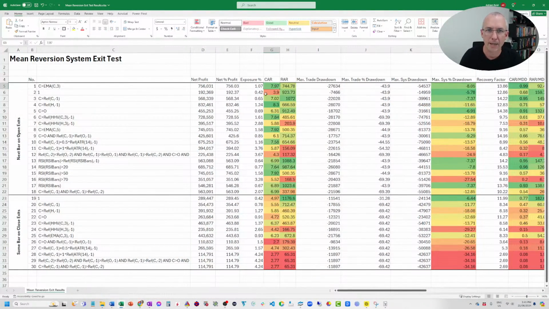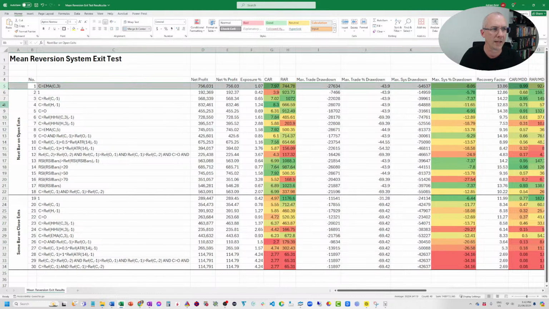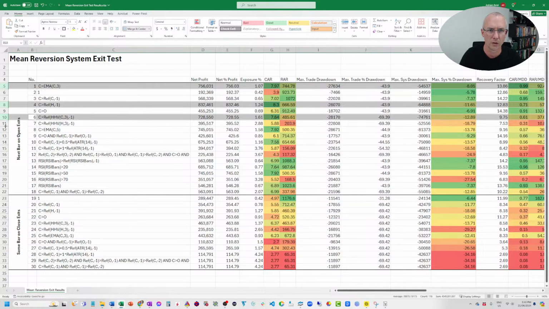You can see the default exit has a pretty high compound return. There's a couple that are in the same vicinity, here and here. So let's highlight the rules that are performing really well on compound return.